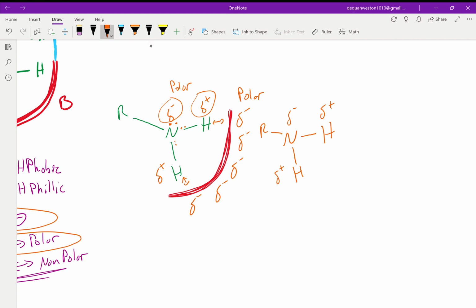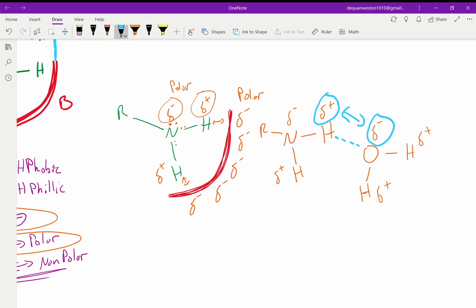Okay, and then we have, this might look familiar. It's because it's a hydrogen bond. So draw your partials, and you can see in this hydrogen bond, we have a partial positive hooked to a partial minus.